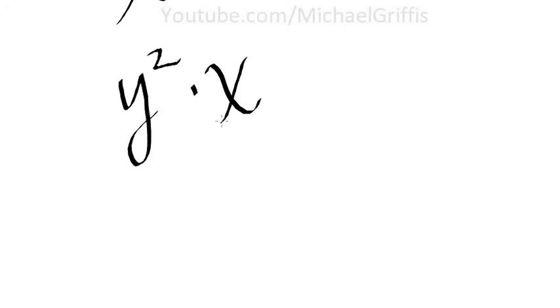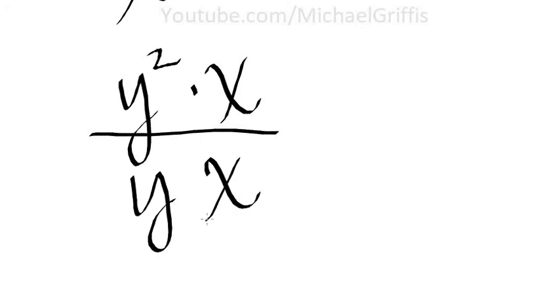For example, if I have y squared times x over y times x squared, we've got 2 y's in the numerator and 1 y in the denominator, so that's going to leave us with 1 y in the numerator.